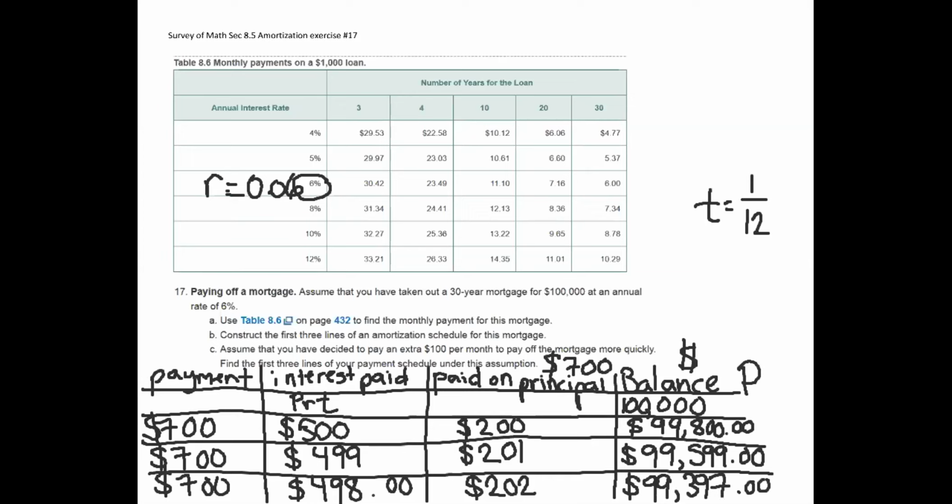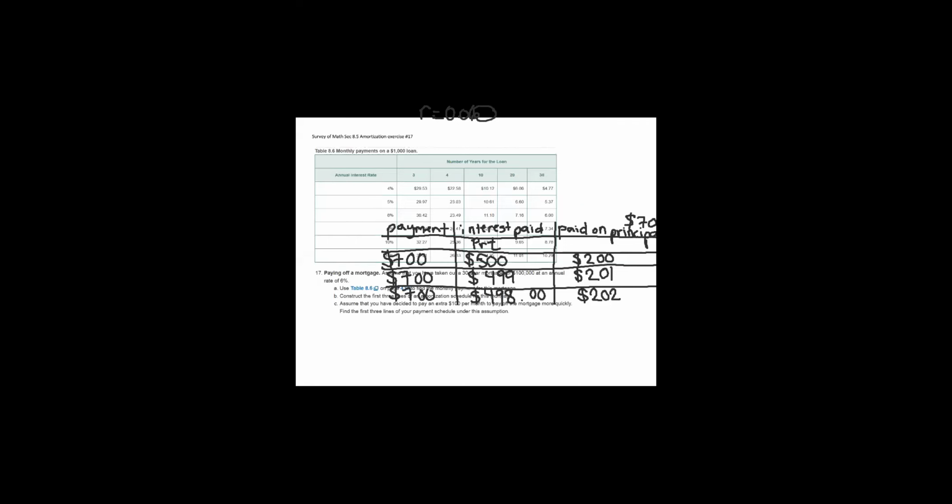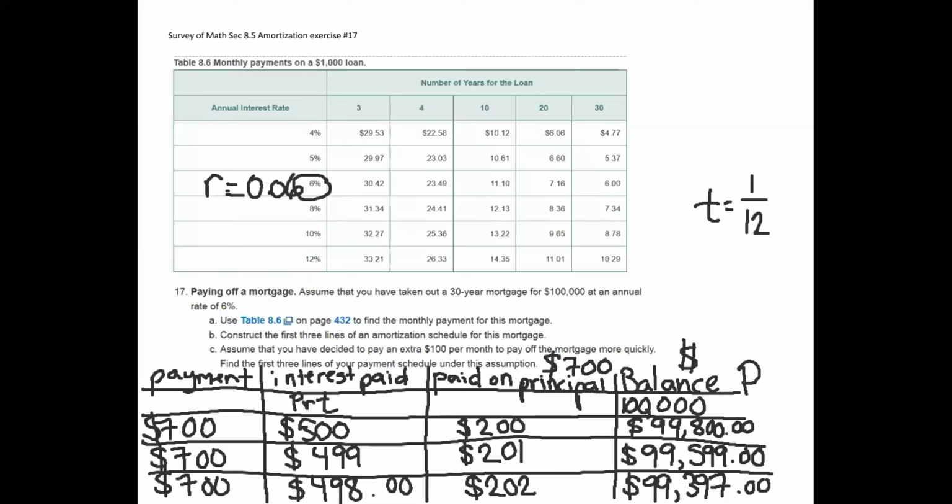So when we're paying an extra $100 a month, an extra $1, it seems, is going toward paying off our actual principal.